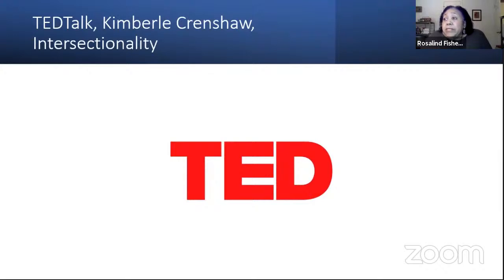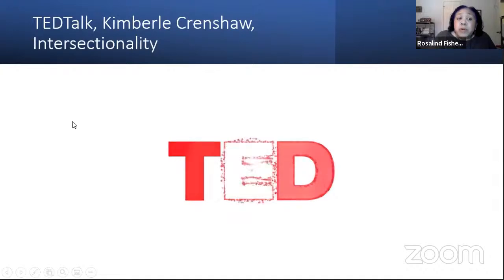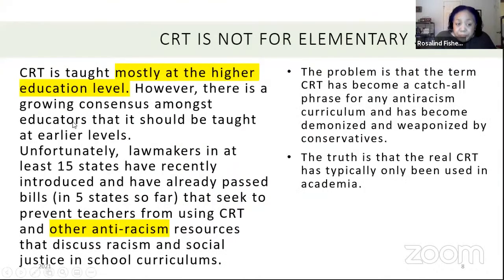So critical race theory says that these issues are deeply woven into the social fabric of the United States. And so that was one of the tenets that Kimberly Crenshaw raised.